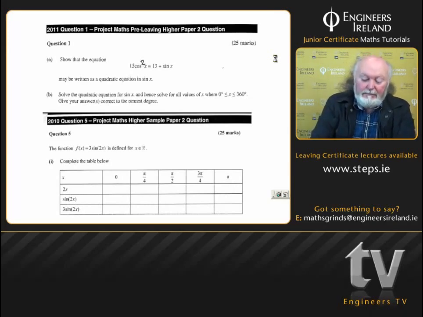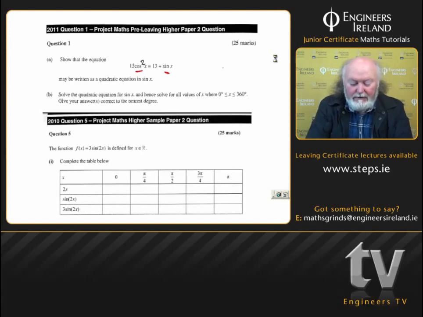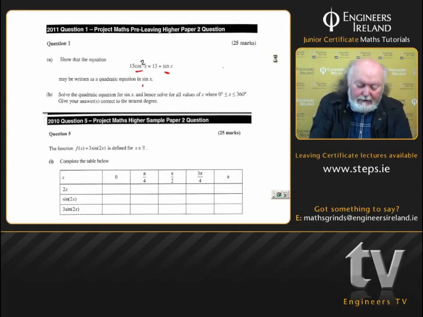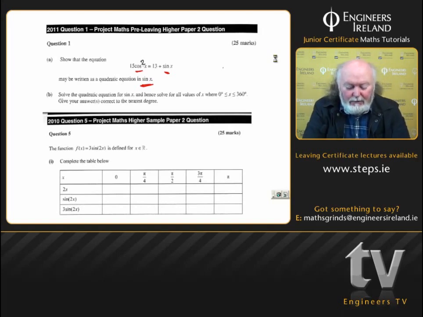What you will notice is we have two functions, cos and sine. And the cos is squared, and we do know that cos squared plus sine squared is equal to 1. And very quickly you would realize that that is the secret way out of this. And in particular they're telling us, oh, we want a quadratic in sine.